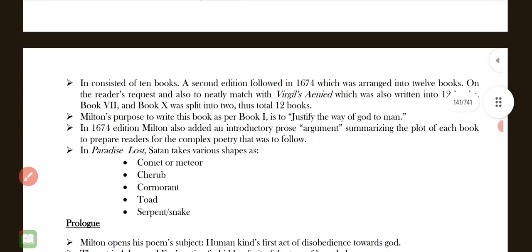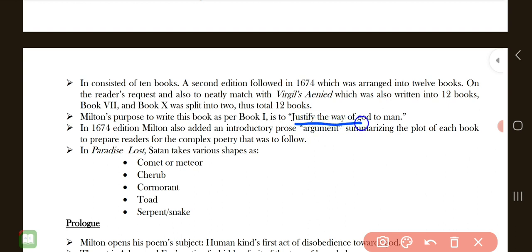Next, Milton's purpose in writing this book, as per Book 1, is to justify the ways of God to man.